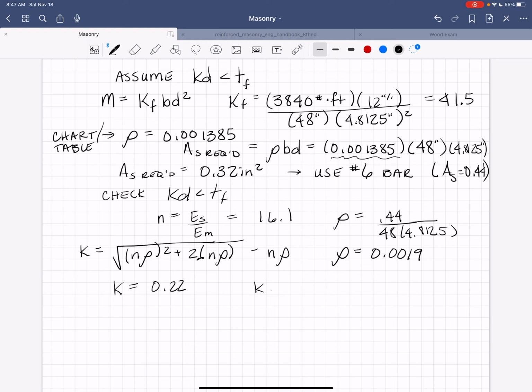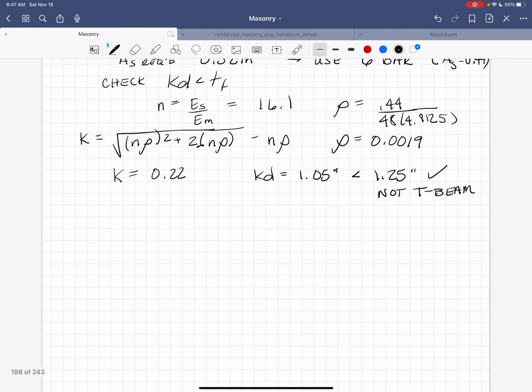So kd equals 1.05 inches, which is less than 1.25 inches. And so it is not a T-beam, and the rectangular stress block I used is fine.